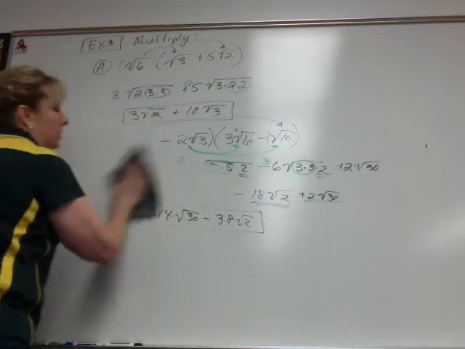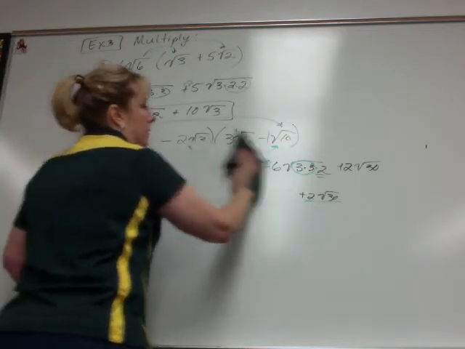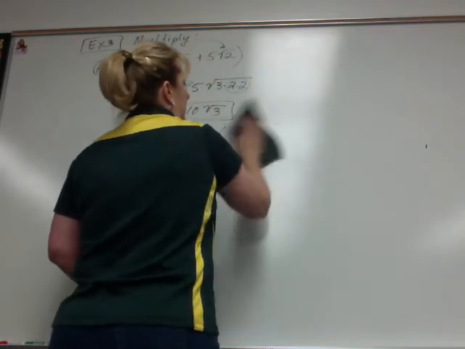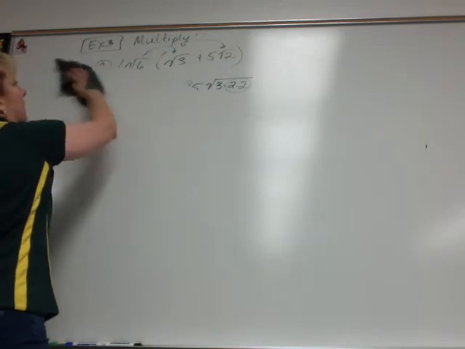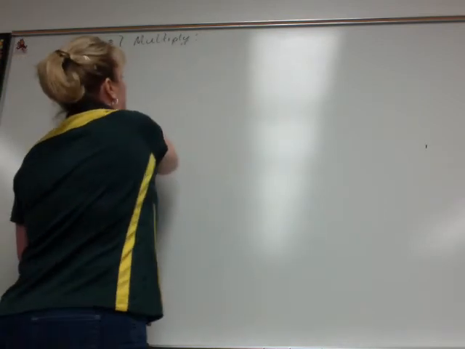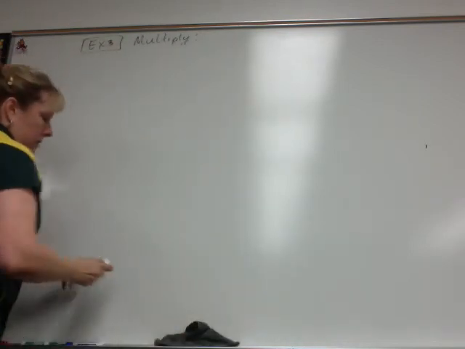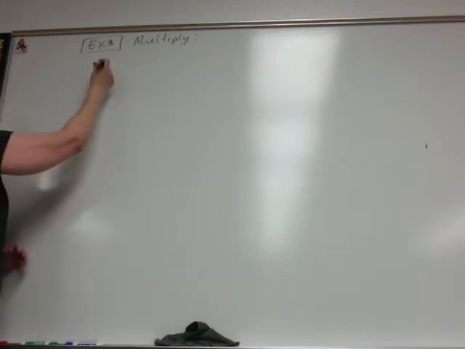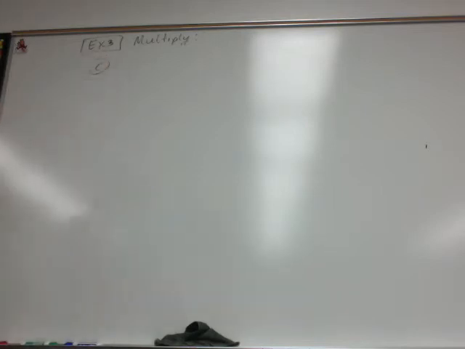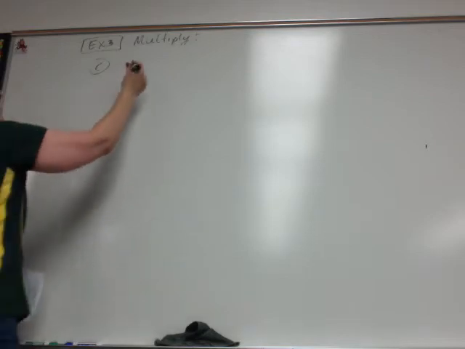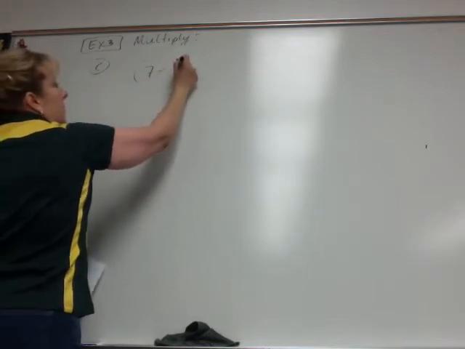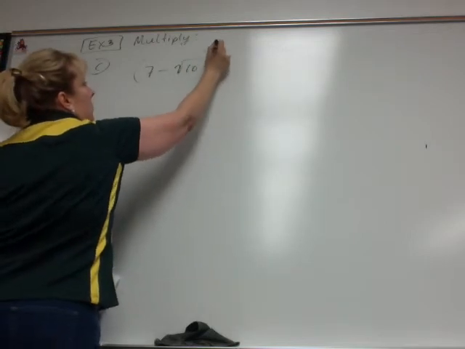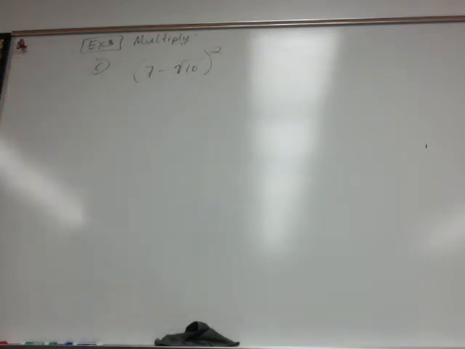And it's multiplication. So same instructions, but C, I want you to try this one on your own. 7 minus the square root of 10 squared. 7 minus the square root of 10 squared.